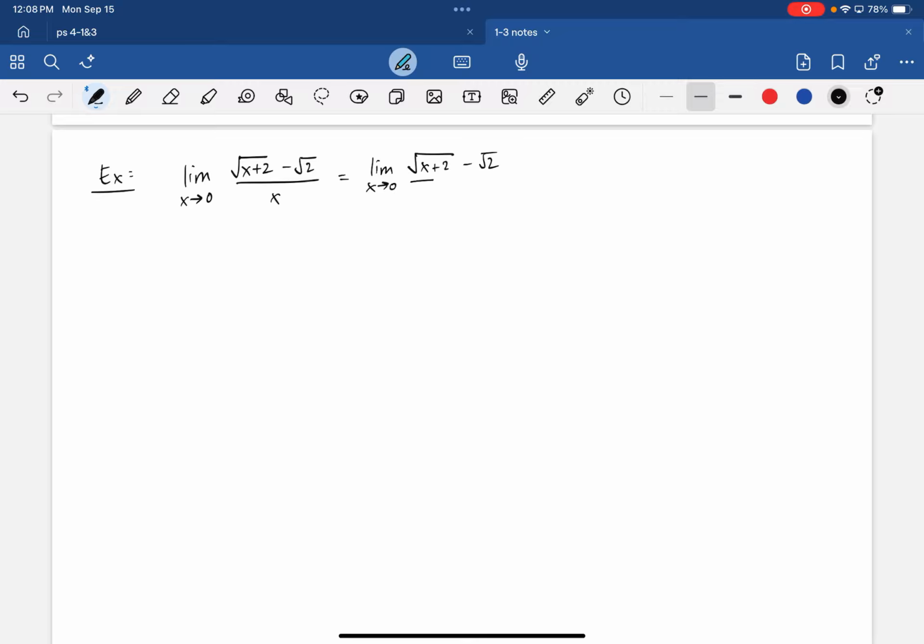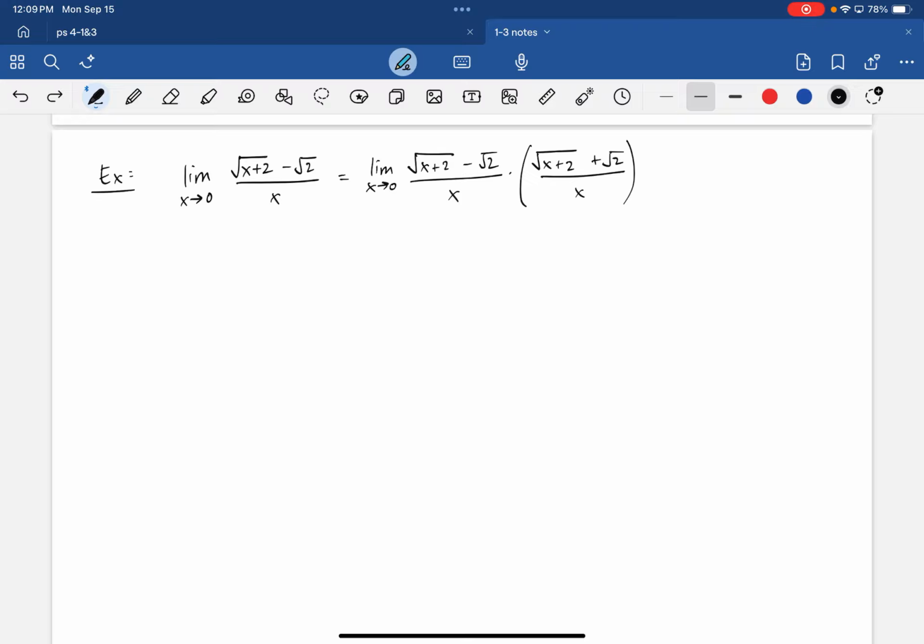We're going to take our original function and multiply it by 1, but in a clever way. We're going to specially choose the square root of x plus 2 plus the square root of 2. Just like with rationalizing denominators, all we're going to do is take the numerator and change the minus sign into a plus sign.